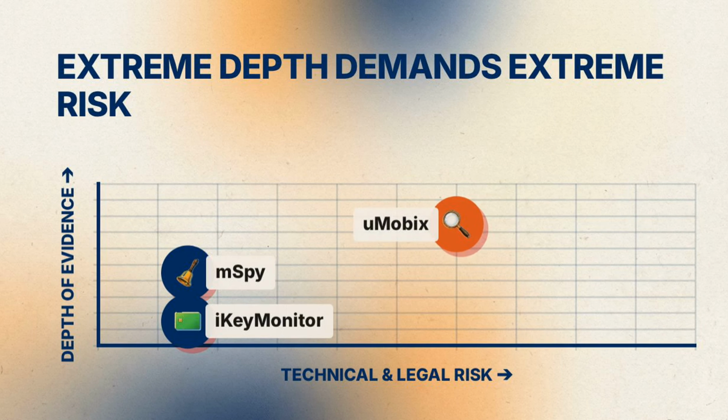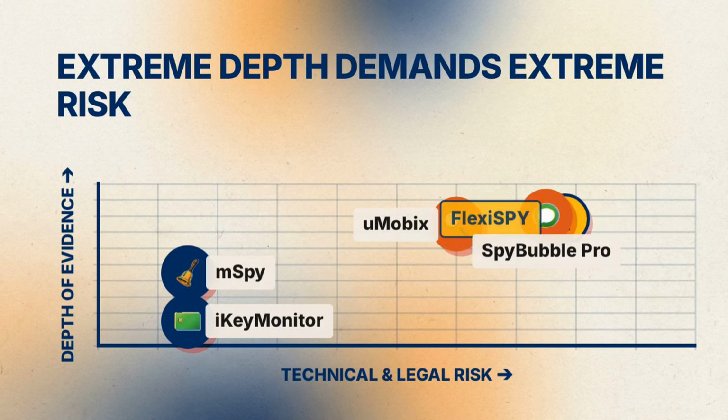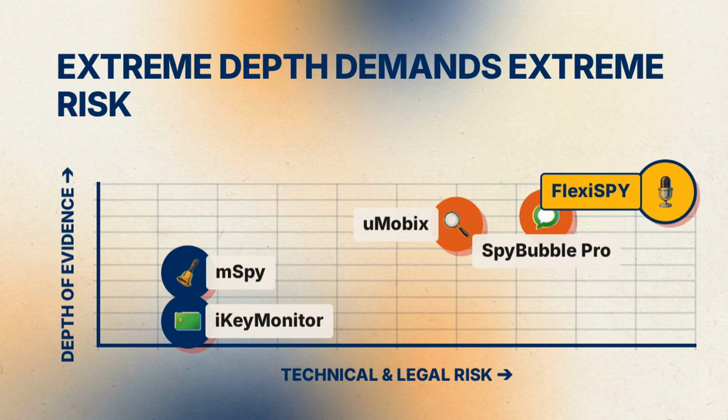Moving right, uMobix trades slightly higher technical complexity for high depth, specializing in social media. SpyBubble Pro joins it in the upper right, offering that same high depth specifically for deleted text recovery. And FlexiSpy sits far in the extreme top right, offering maximum depth, but demanding maximum technical and legal risk.